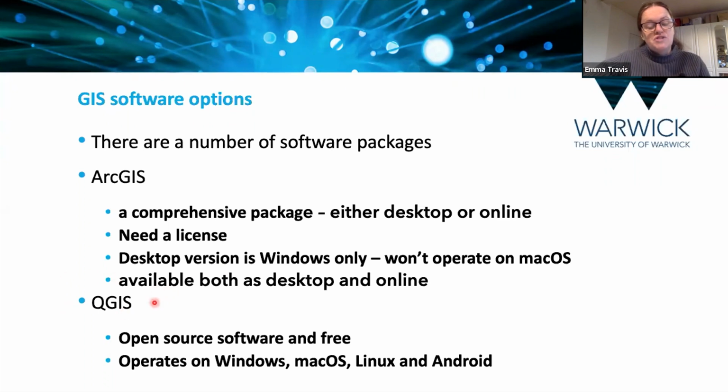I think that's Quantum GIS, and I think it's quite a similar package with very similar functionality, and that operates on Windows, Mac OS, Linux and Android, so there are advantages to that as well. I'm going to be showing images using the ArcGIS, but you can achieve similar results with other packages as well.